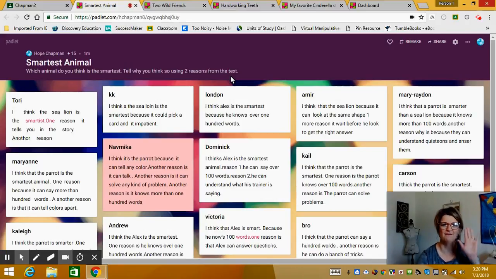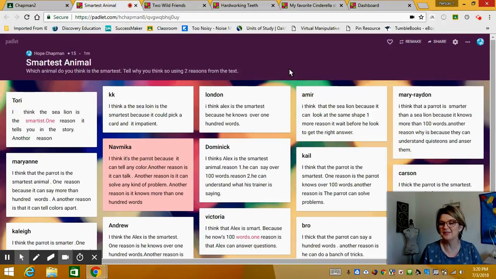I only have about 5 children each day work on this Padlet during my reading rotations, during reading workshop. So by the end of the week, every student has responded, and during our share time on Fridays, we sit down, I pull Padlet up on the Promethean board, and we discuss what are some great answers. How can we make our answers better?